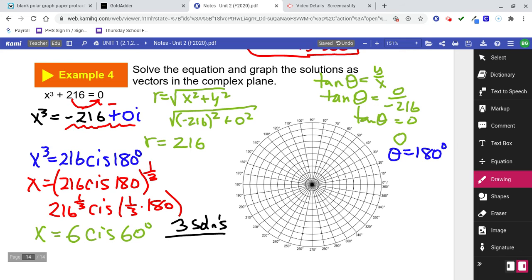Do we always add 90? No, we don't always add 90. Okay? In this case, we definitely won't. In this case, since there are 3 solutions, those 3 vectors are evenly spaced in the plane. Those 3 vectors are 120 apart. So no, we're not going to always add 90. In this case, we're going to add 120.